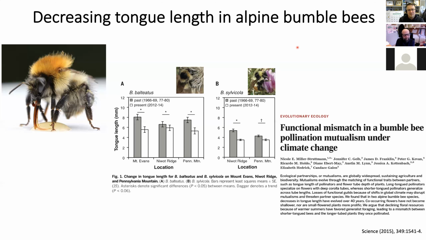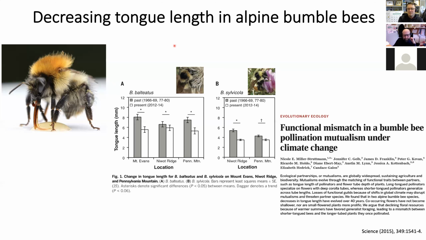morphology. So tongue length is a very important trait in bumblebees, in that it's important for the mutualisms they have with plants. I mean, the tongues are what they use to extract the nectar, and it's generally considered that the bees with longer tongues specialize on plants with longer corollas, whereas the shorter tongue bees are more generalist.